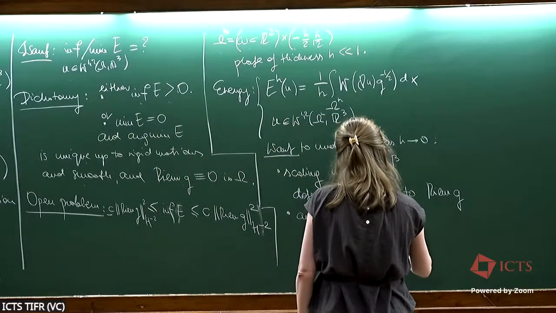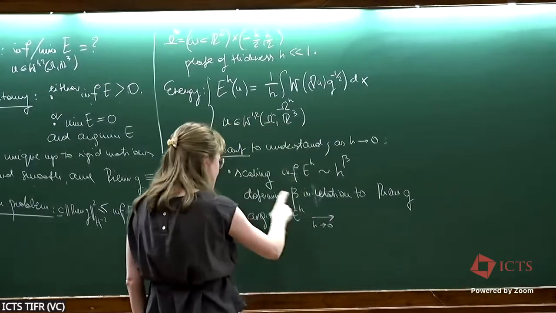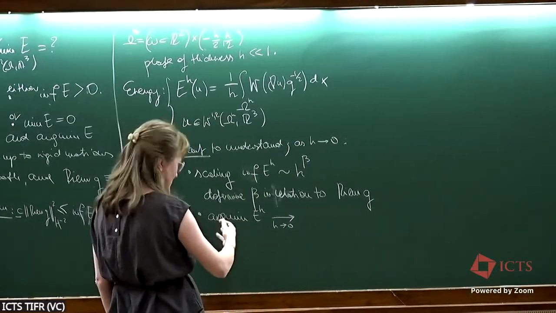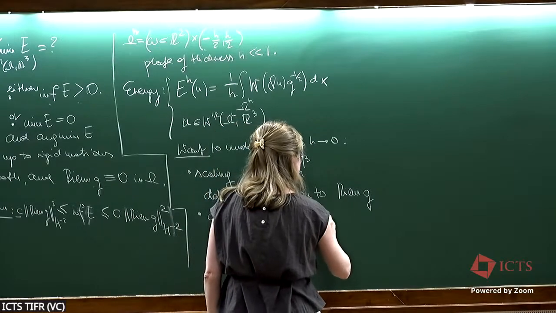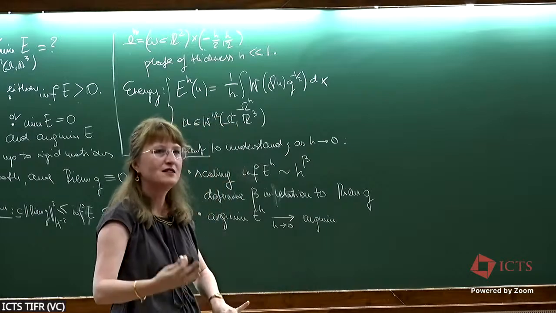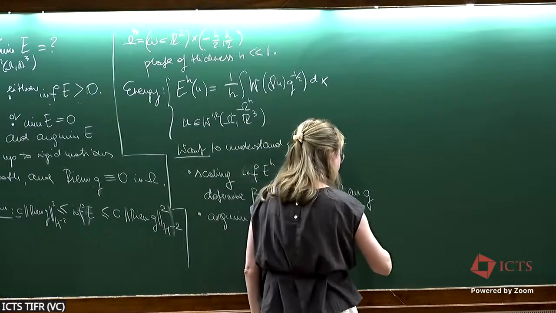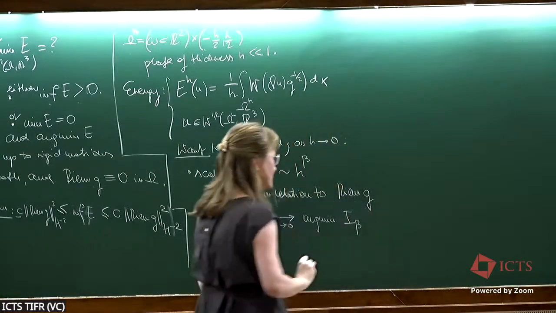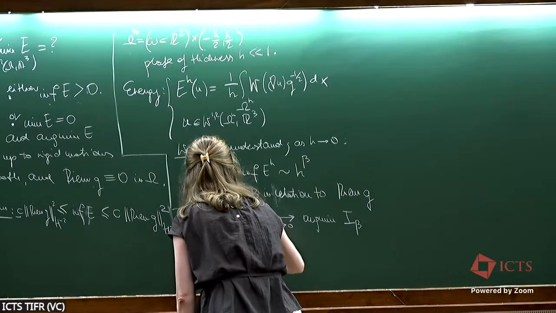I would like, in particular, to see that when h goes to 0, these minimizers become, in the limit, closer and closer to the minimizers of another residual, dimensionally reduced energy functional that I'm going to call I beta. So determine I beta.